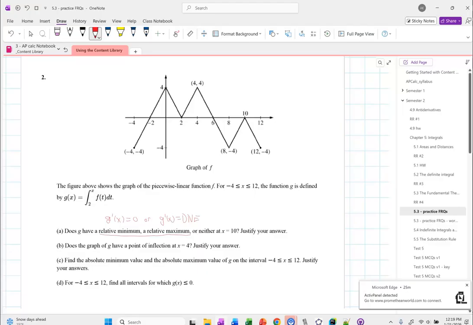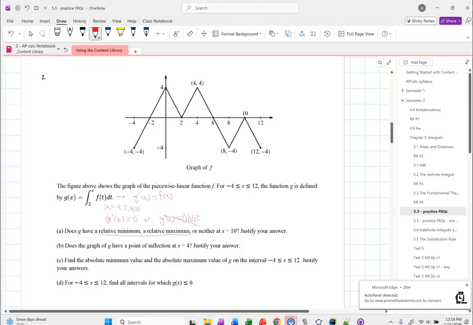Everybody's okay there? So what's the derivative of G equal to? F of x, right? Here's my graph of f of x. Is f of x undefined anywhere? Nope. So that's gone. Where's f of x equal to 0? Okay. So -2, +2, 6, and 10.